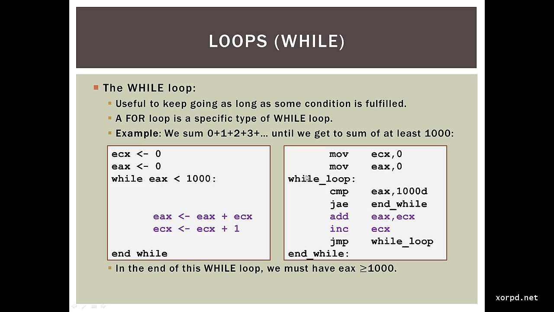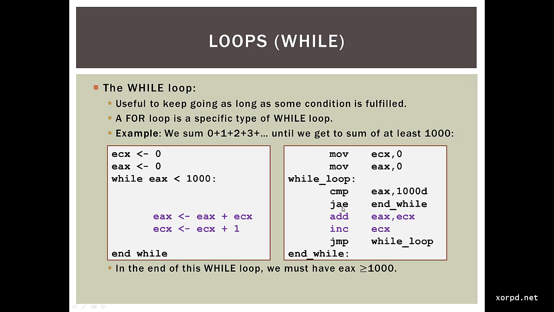As expected, we first check the condition. This part of code is going to check the condition and see if it is fulfilled. I remind you that the condition is about EAX smaller than 1000. So we check if EAX is smaller than 1000 in base 10. That is why we have this D here.